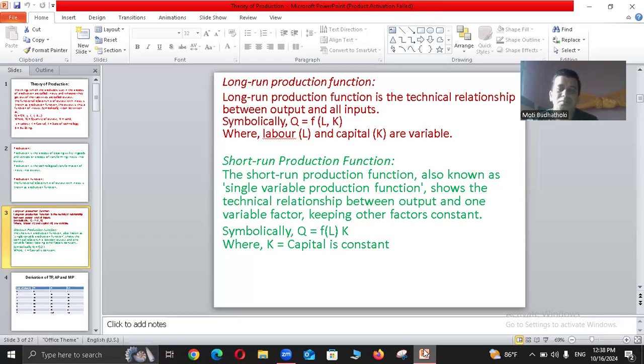Symbolically, we can write it: quantity of output is equal to a functional relation with labor and fixed capital.